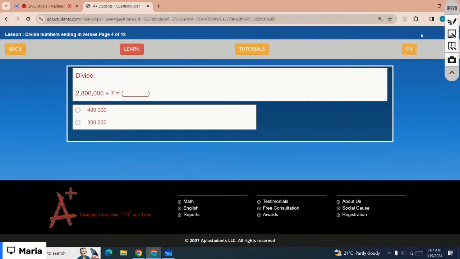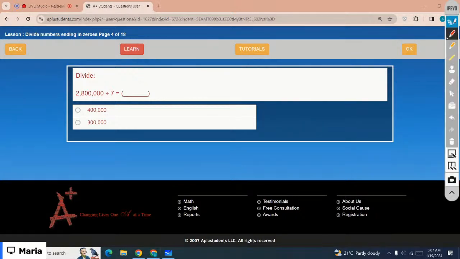So simply see the non-zero values, that is 28. You have 1, 2, 3, 4, 5 zeros. 28 divided by 7 is, 7 times 4 is 28, right? Then you have to add 5 zeros, so 400,000 is the answer. That is 400,000, right?